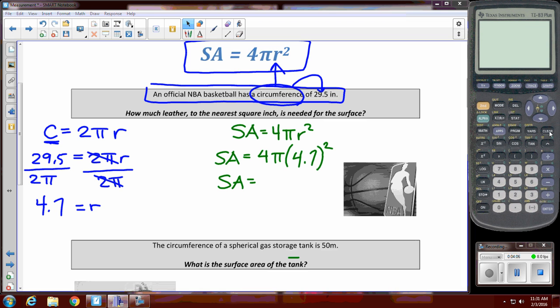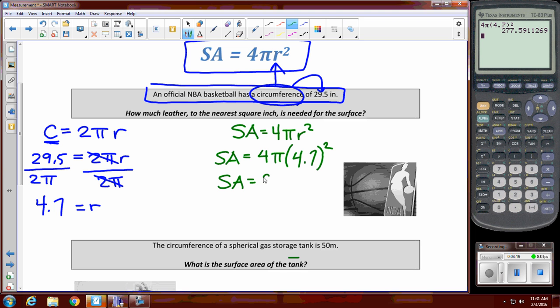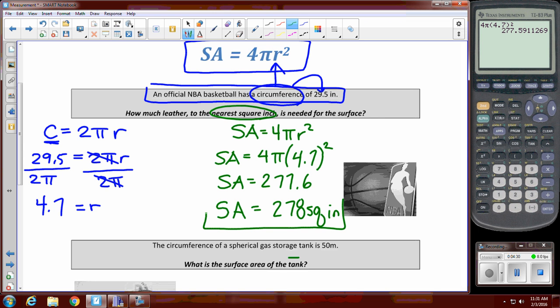So in our calculators, we could say 4 times pi times 4.7 squared, and this would give me a surface area in this basketball of 277.6, but the question does say to the nearest square inch, so that would round to approximately 278 square inches of leather in order to create that one NBA basketball.